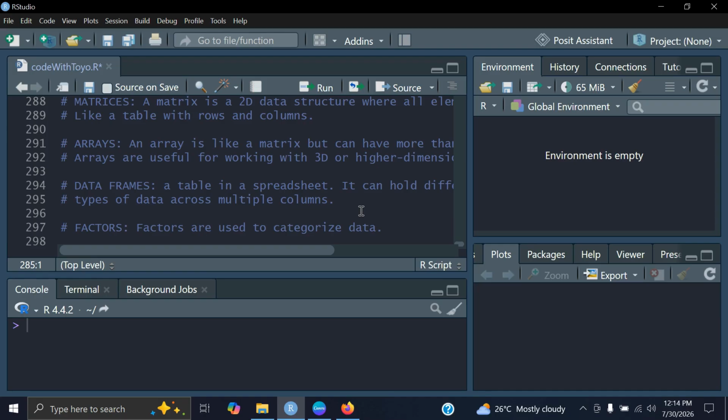And finally, factors. What are factors? Factors are used just to categorize data. For example, you have categorical data in your collection, maybe level of education, where some people are BTech, some people are HND holders, some people are OND holders, some people are PhD.